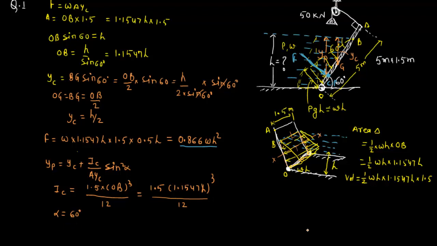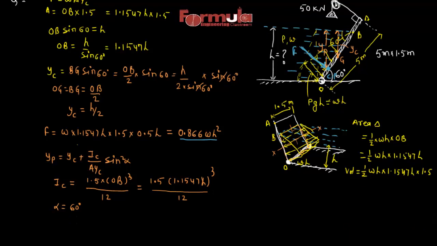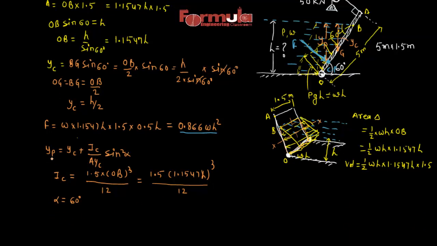By using this we can calculate yp in terms of h, because every term is in terms of h, and the value of yc is also in terms of h. So let me calculate this value. Roughly 0.667 times h. This is our yp in terms of h.